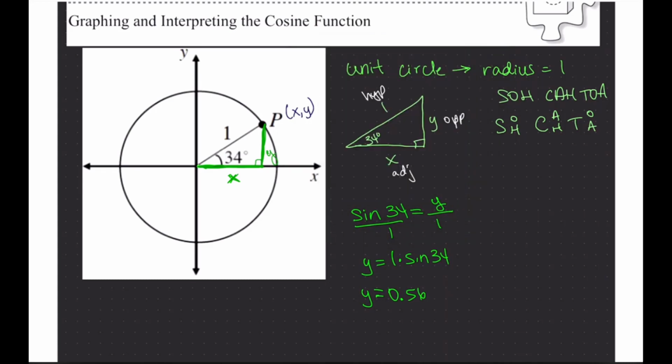So when it comes to this point, we just found the y value, which was 0.56. So what's the other value we've got to find? X. If I'm looking at x, I've got something to do with adjacent. And granted, you could do adjacent over opposite because you just found out that y was 0.56.